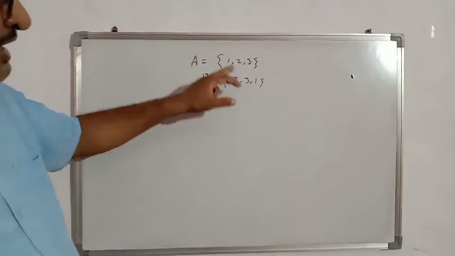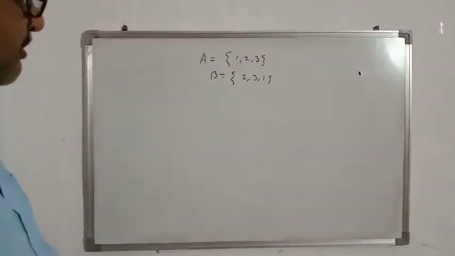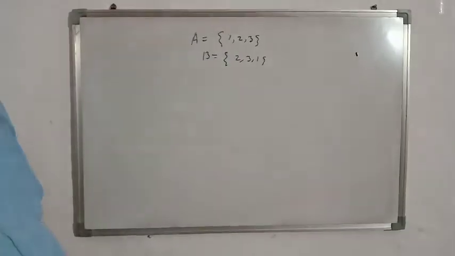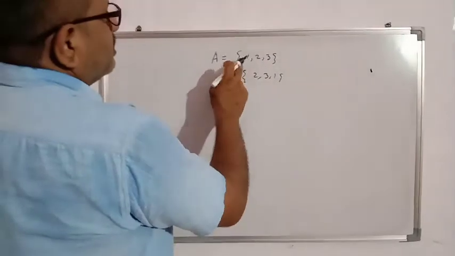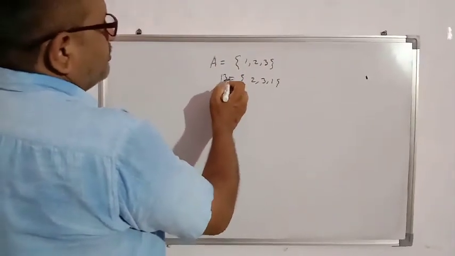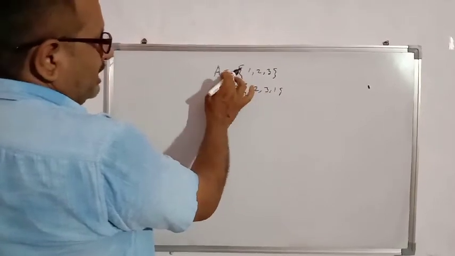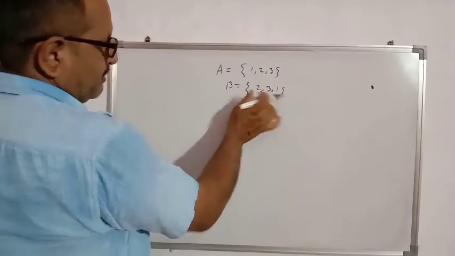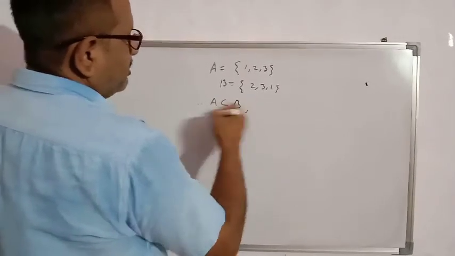All the elements are the same in both sets, meaning both sets have exactly the same elements. We can say that A and B are equal. But we can also see that A is a subset of B because all the elements of set A lie in set B. So we can say A is a subset of B.